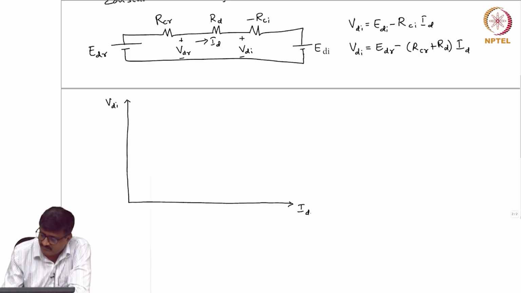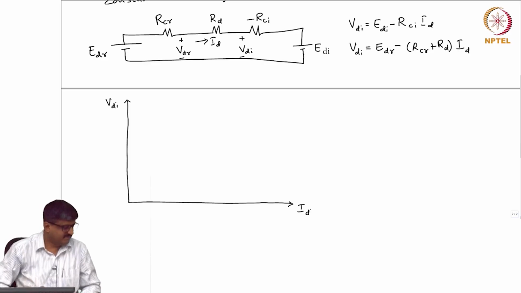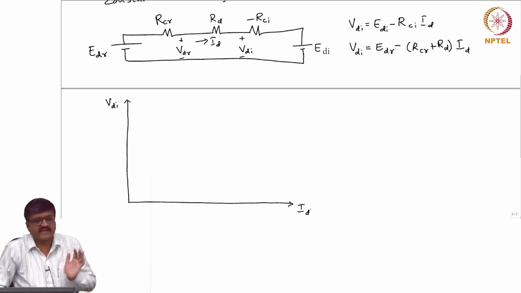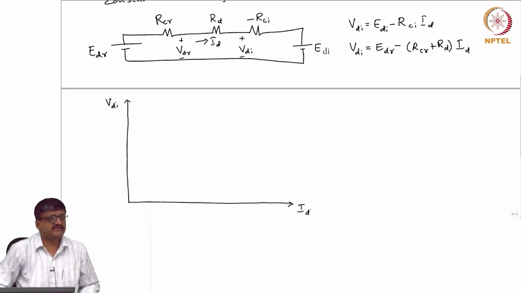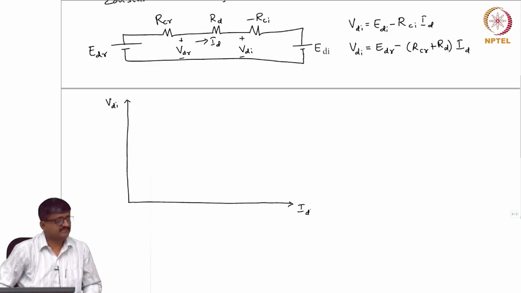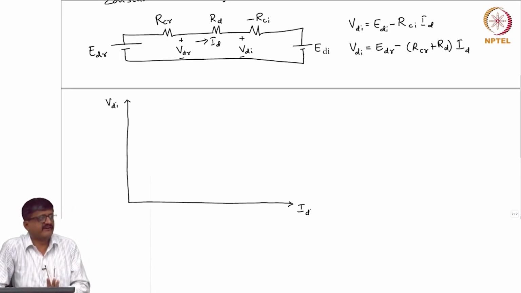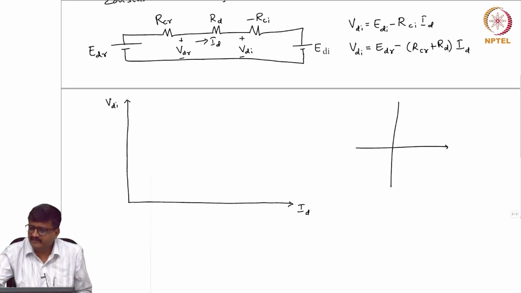So, should I consider all the 4 quadrants is the first question. Is operation, say I just take VDI and ID, possible in all the 4 quadrants? VDI is always positive. ID? See, the point is, once I decide one converter as rectifier and one converter as inverter, then, if you go back earlier, we considered this graph VD, ID, if you recall.